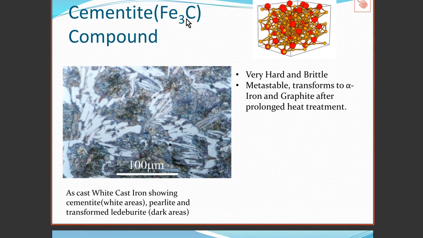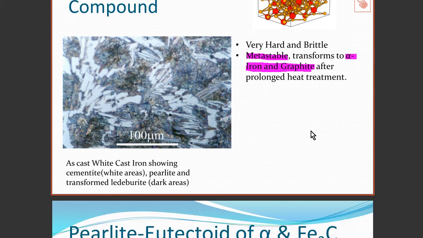We must understand that cementite is itself metastable. Okay, so it means that it's not completely stable and can break down with further heat treatment into ferrite and graphite. So the carbon actually comes out as graphite after a prolonged heat treatment.